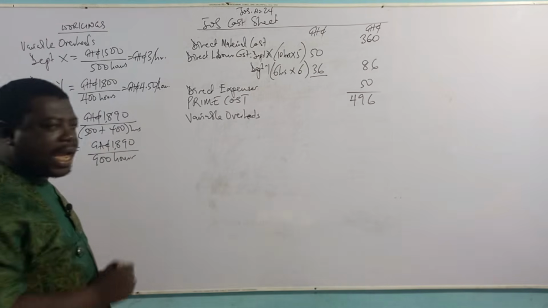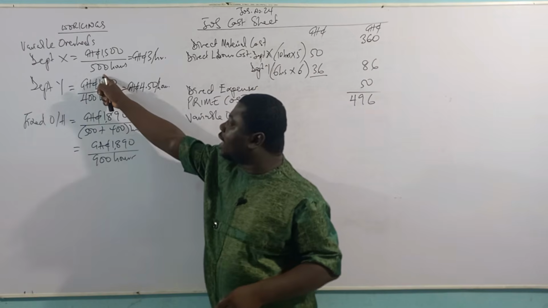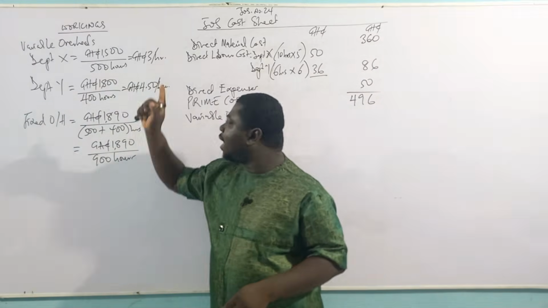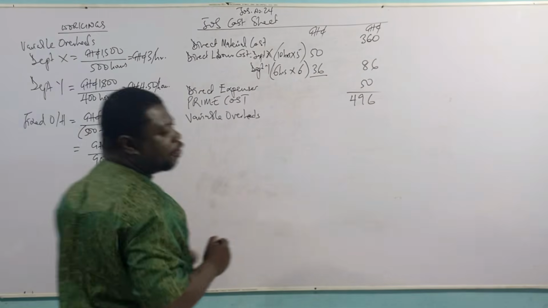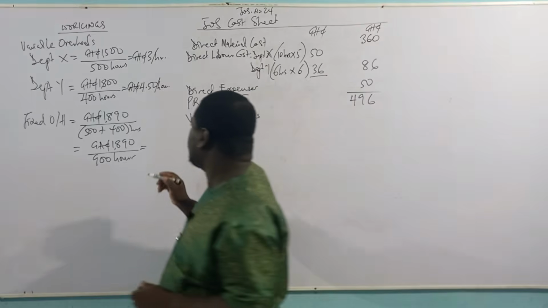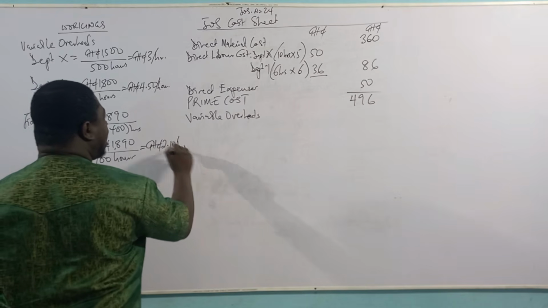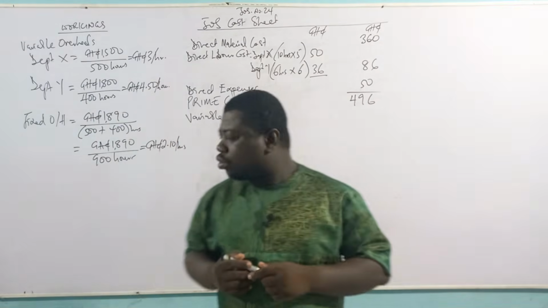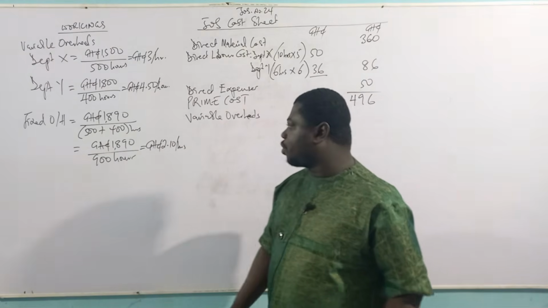How did I get the 900 hours? I got the 900 hours because I have combined the budgeted hours for production department X and department Y. And therefore, it's going to give us a fixed overhead absorption rate of 2 cedis 10 pesewas per hour. This is how we get the fixed overhead absorption rate.